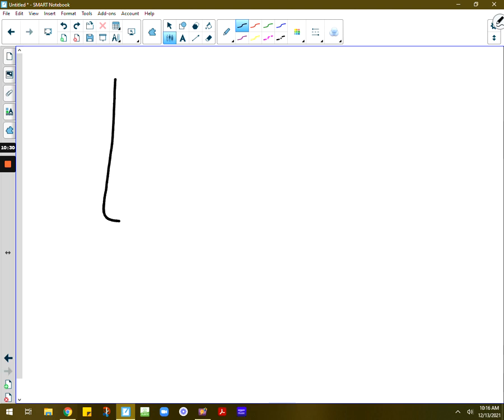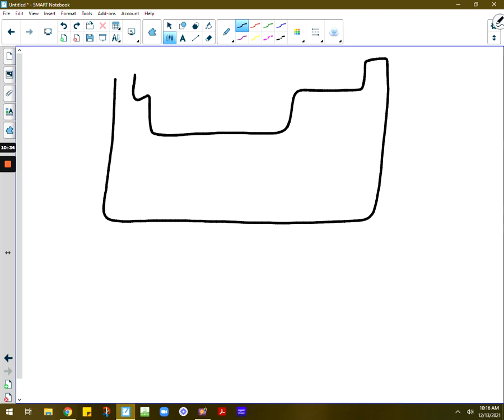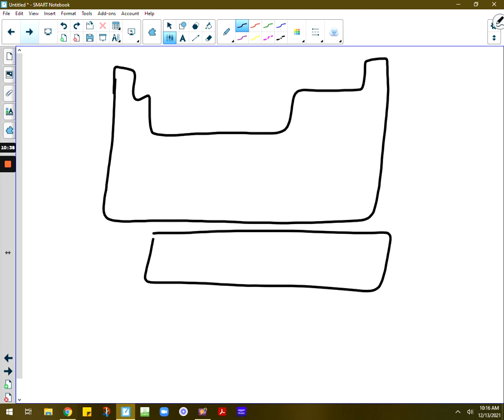So I've got my periodic table, the expertly drawn periodic table here. Let's say that I've got an element. Let's do silver. Silver's right here, right? Now, let me recognize the parts of the periodic table again.